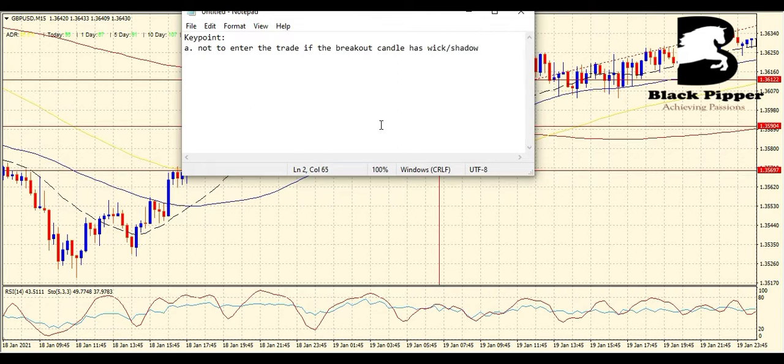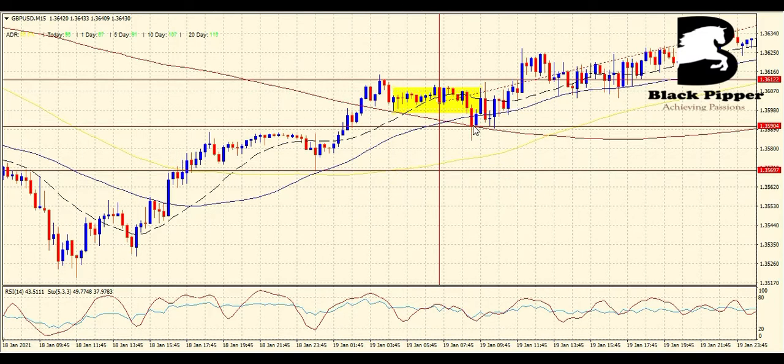For example, this breakout candle has a wick to the downside. A wick on the downside shows buying interest. If buying interest has appeared, it weakens this breakout structure.